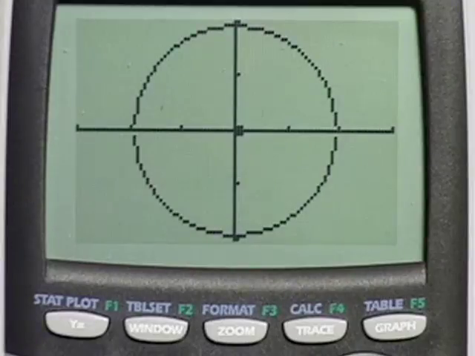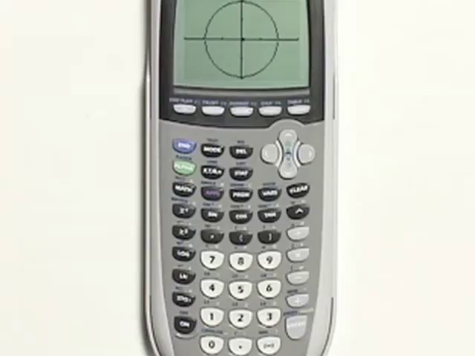Now for part B, it asked us to find the minimum distance of the orbit between the sun and the orbit of Uranus. And what I want to point out is that minimum distance would have to occur, of course, when Uranus is closest to the sun.